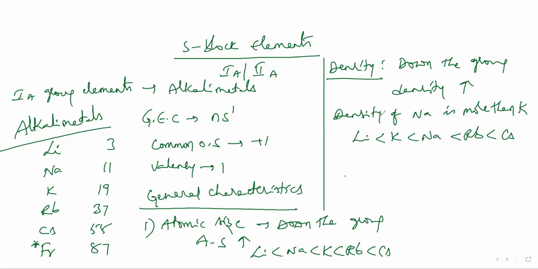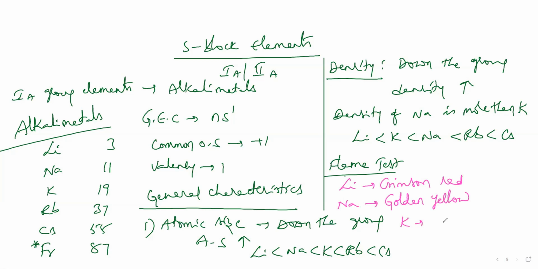Next, flame test. So if they are exposed to flame, what type of colors they will exhibit? Let us see one by one. Lithium, crimson red. Sodium, golden yellow color.